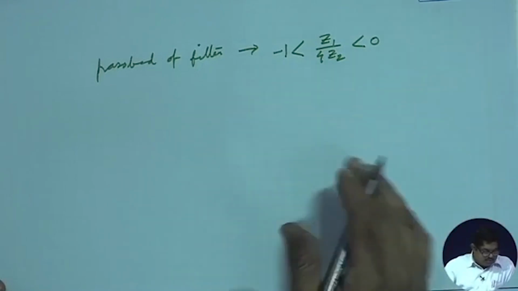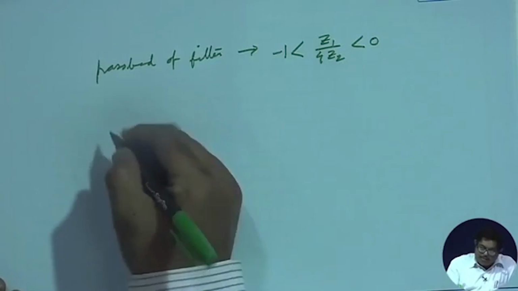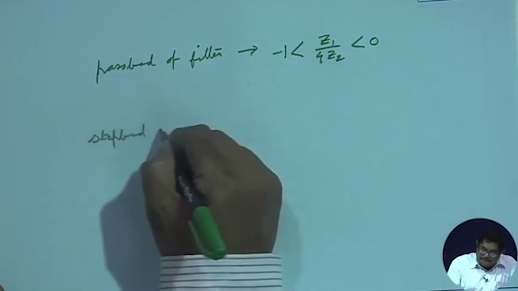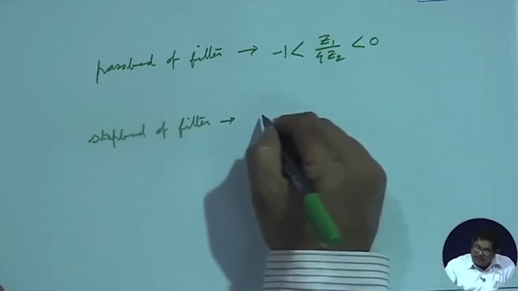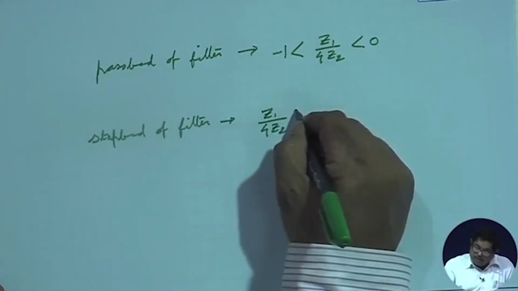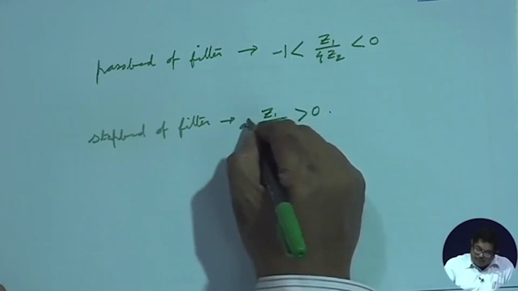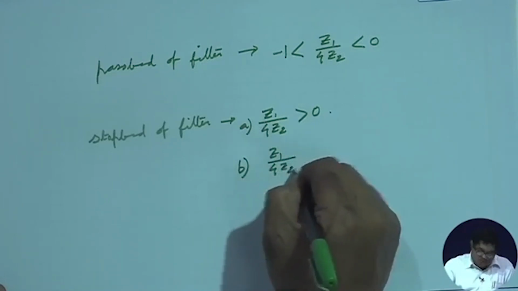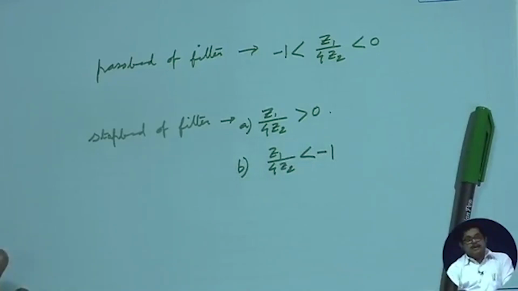And where is the stop band of the filter? There are two possibilities for that. We have already seen that Z1 by 4 Z2 is greater than 0, or Z1 by 4 Z2 is less than minus 1. This is mathematics.